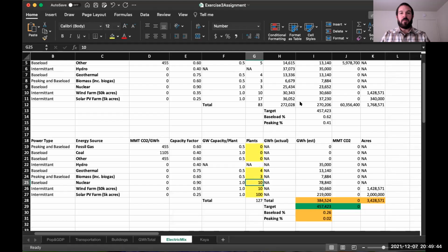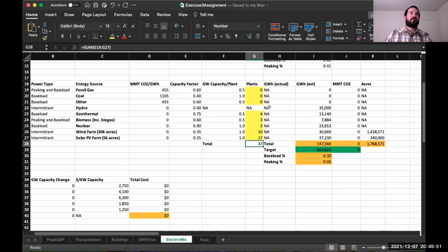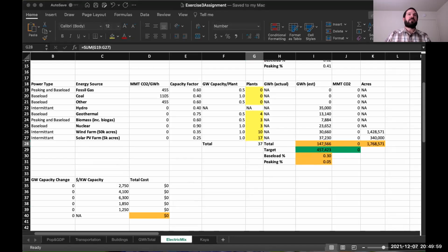Once you've gotten your energy mix figured out, you need to save this spreadsheet as a separate file, or write these numbers down, because you're going to be asked to build, as your actual submission for this assignment, a report, or at least a document that has some graphs in it that use what you just made, this initial scenario, and a couple others.